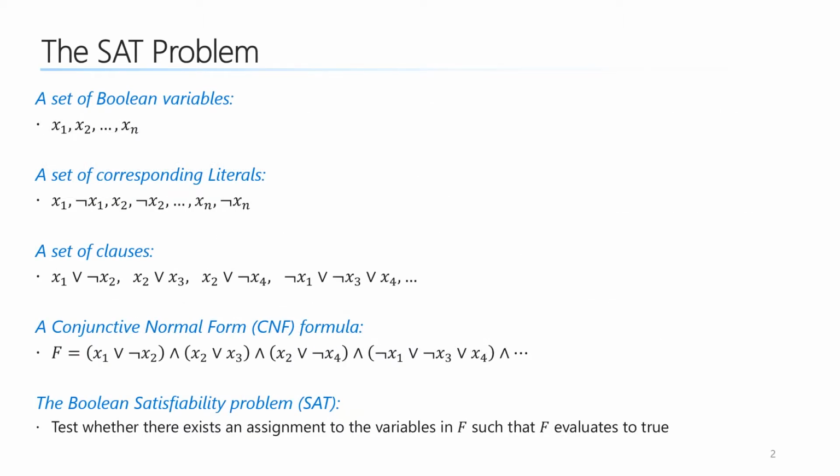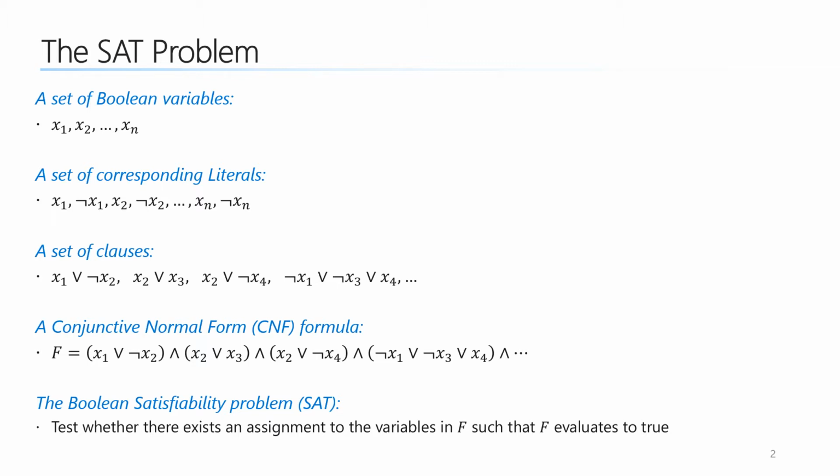First of all, let me introduce the Boolean satisfiability SAT problem. Given a set of Boolean variables, each variable can only take a Boolean value, either false or true. Based on those Boolean variables, we can obtain a set of corresponding literals. In particular, a variable or its negative form is a literal.